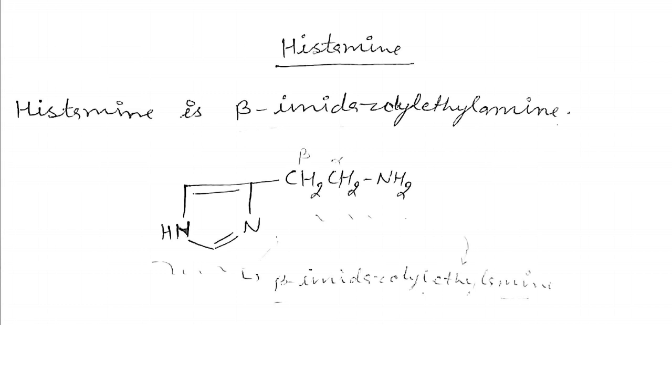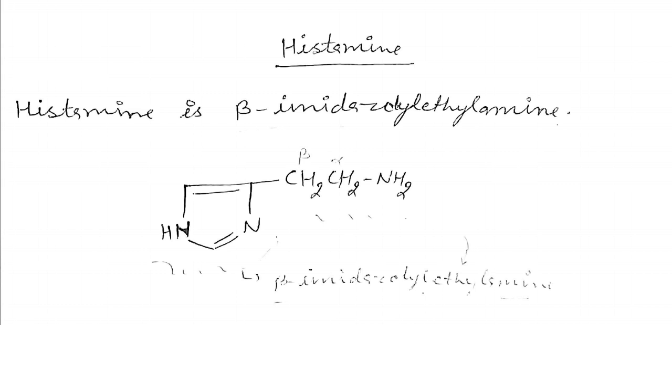This imidazole nucleus is present at the beta position of the amino group in the ethylamine. That's why its name is beta-imidazolyl ethylamine.